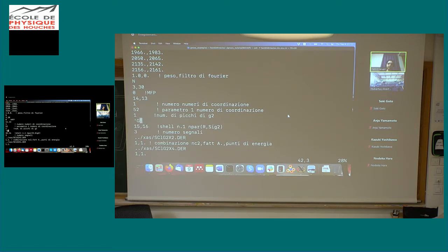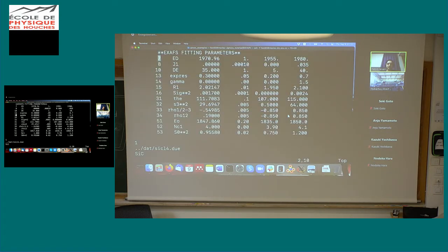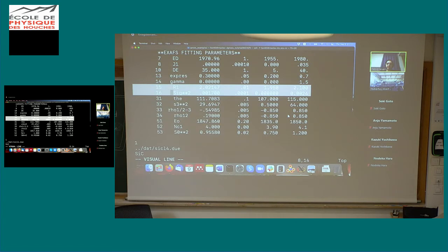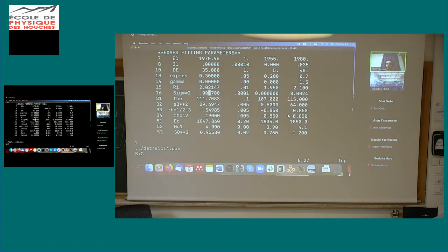And again, here we put 15 and 16, which are the parameters here, the numbers here. So 15, this is the distance, and 16 is the sigma square. So we can put some initial guess and then let it change.